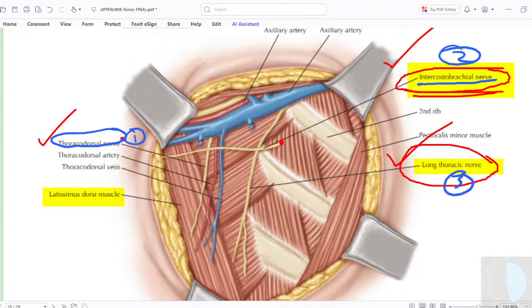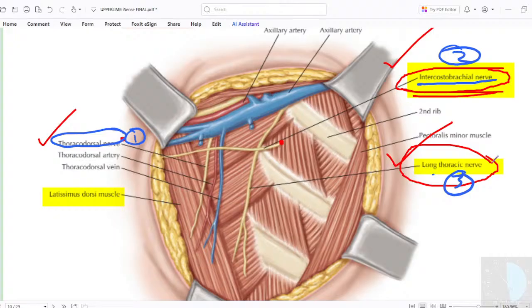If any one of these three nerves is in the options, that will be the correct answer.